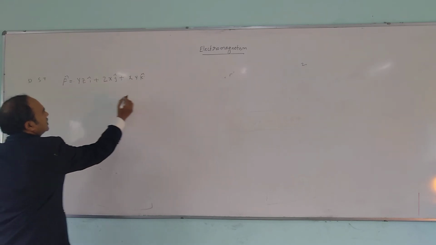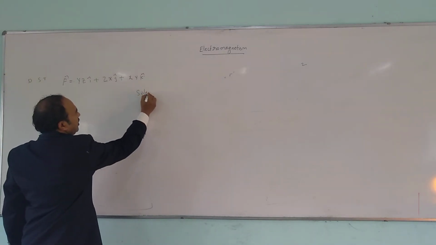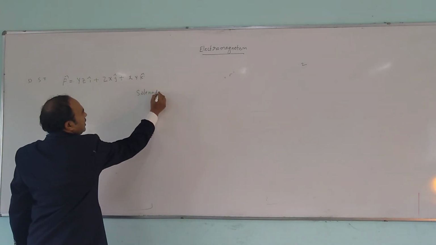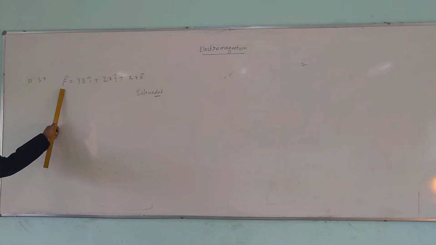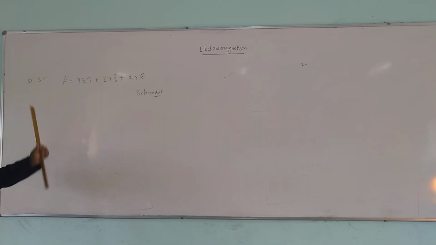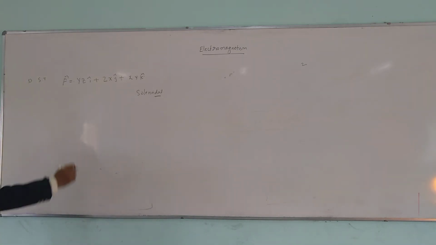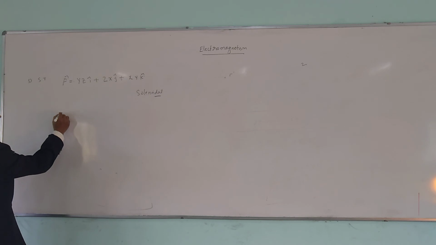Show that this function is solenoidal. Solenoidal means divergence of this function should be equal to 0. So we have to determine the divergence of this function. Let us calculate the divergence of the function.